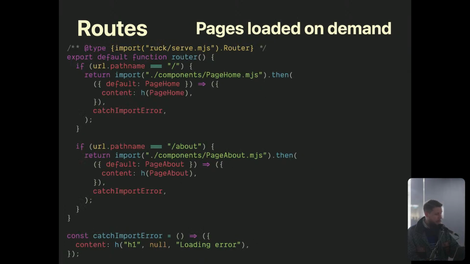Now, if you want to load pages on demand, you're using native, just vanilla dynamic imports. And when you do that, it's always good on the promise chain for the dynamic import to have the catch, just in case the user is going through a train tunnel and that fails.